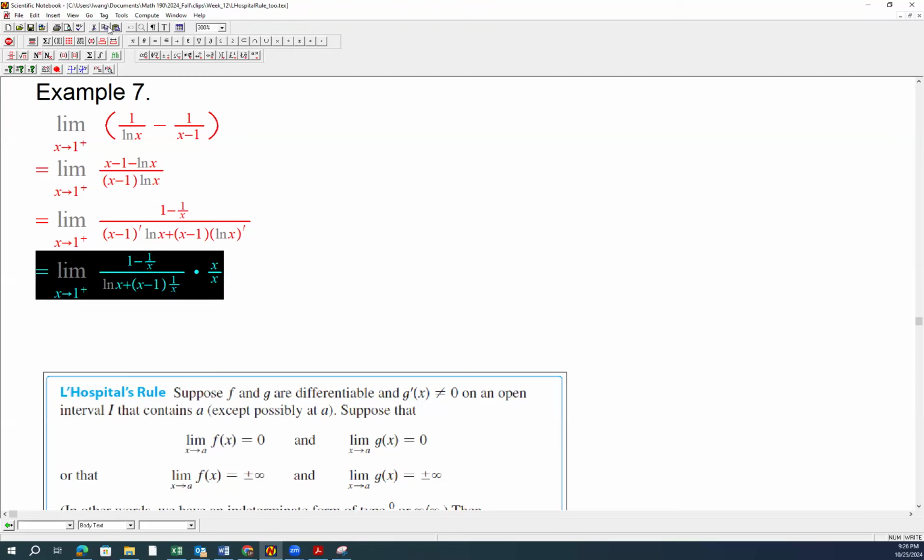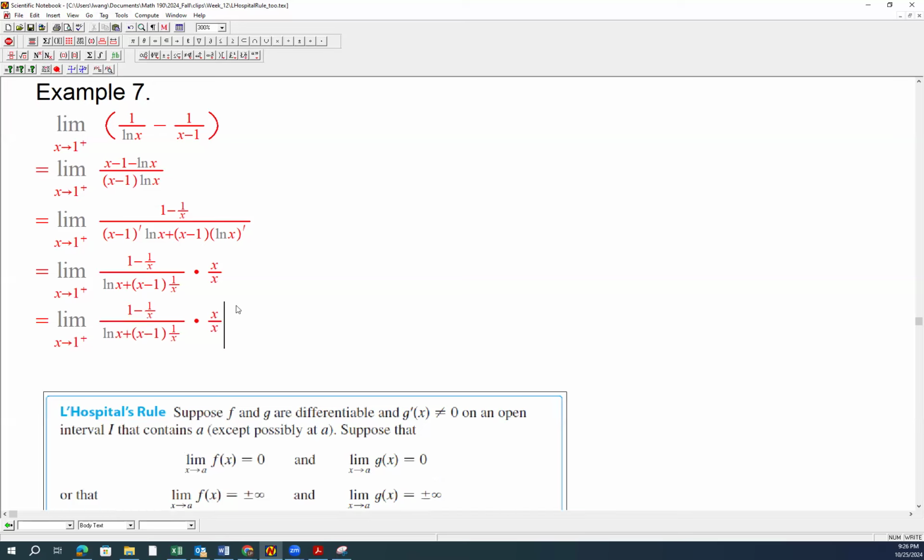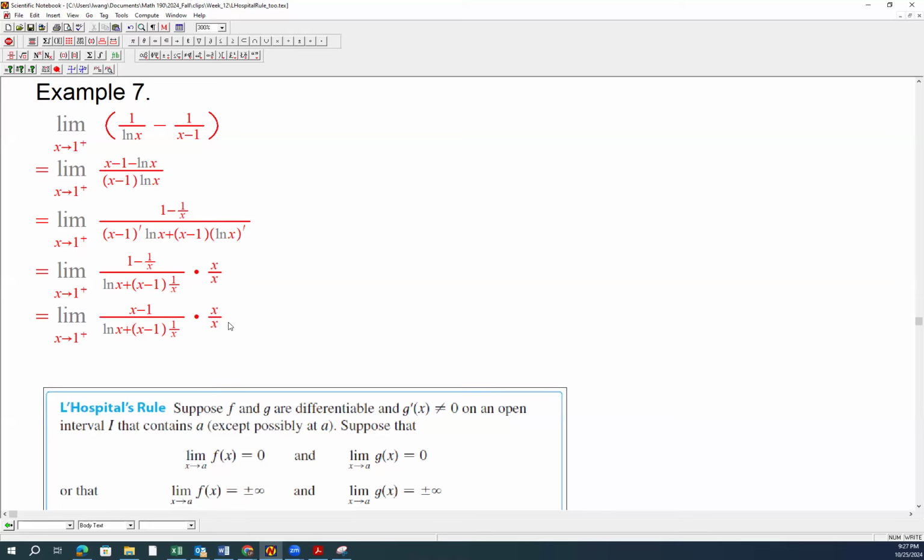Right? So what we get is that this x times 1 is going to be x, and x times 1 over x is going to be a 1. So this x is gone.